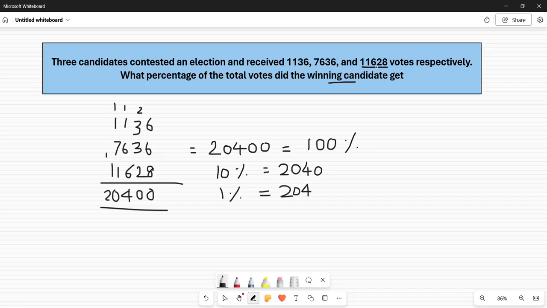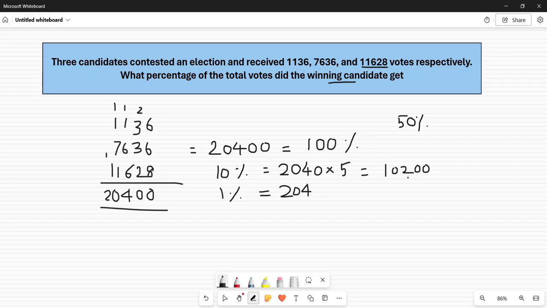So we need 11,628. If you multiply 20,400 by 50%, it will give you 10,200. So this number is definitely more than 50%, but 50% we are absolutely sure.